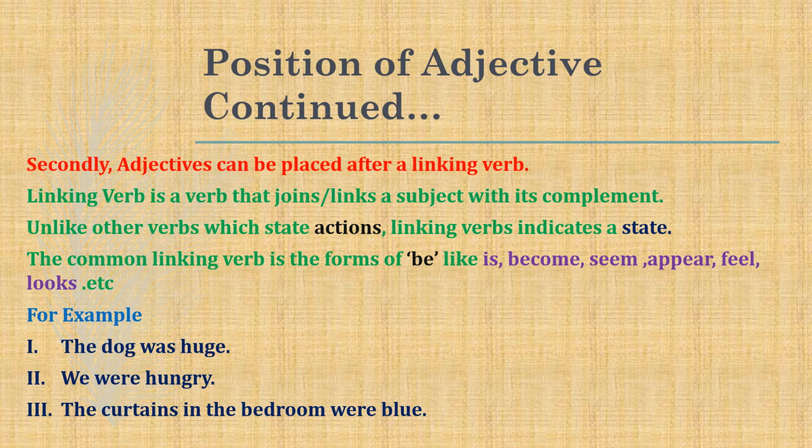Then the second place where they can be used is after a linking verb. From our examples, the first example we have is, the dog was huge. The dog is our subject in this particular case. Then we have was, then there is huge. Huge is an adjective because it is describing how big something is.